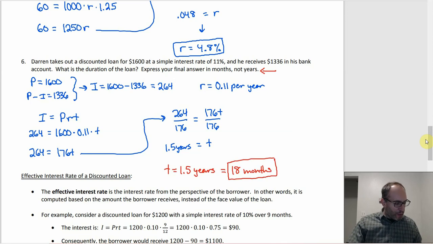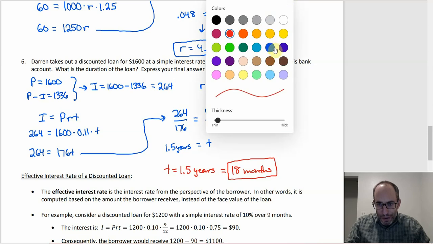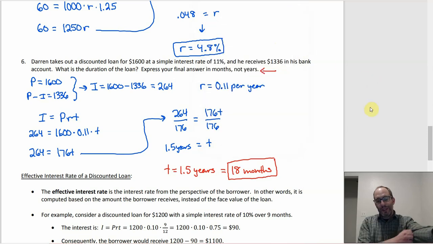All right, I think that takes care of the first run of discounted loan stuff. There's actually another run of it here too, because the effective interest rate relates to that as well. So what the effective interest rate is, it's the interest rate on the loan from the perspective of the borrower.